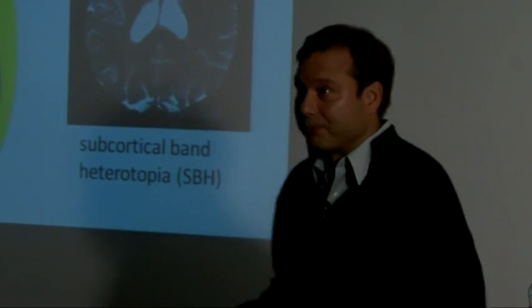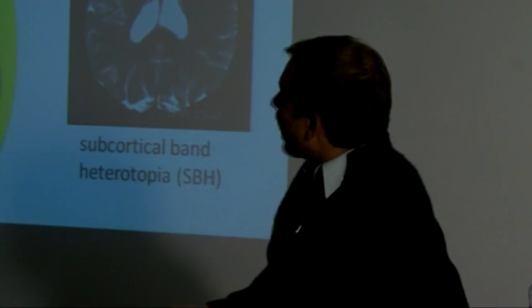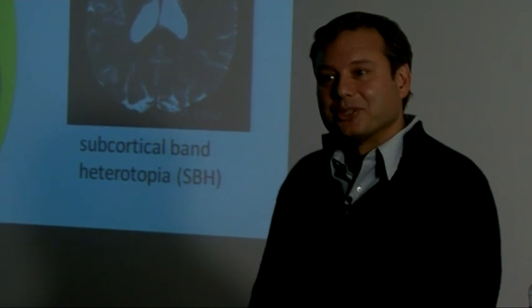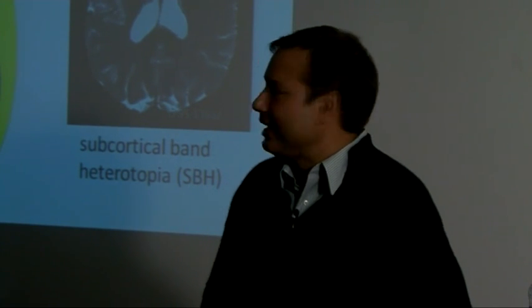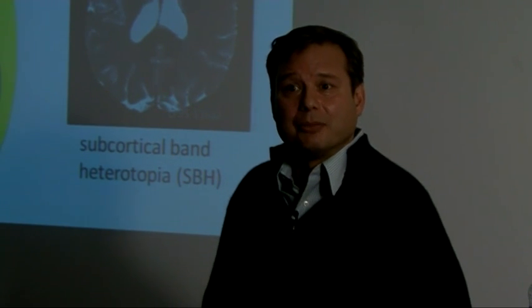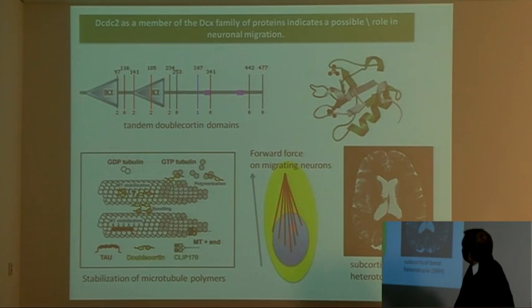And our interest in pursuing this gene first was actually because of its structural similarity to another gene that we had been working on, which when mutated causes double cortex syndrome and lissencephaly in males, X-linked lissencephaly. And this gene, DCDC2, is in the DCX family. In fact, it has 2 doublecortin domains in the same position that DCX has.